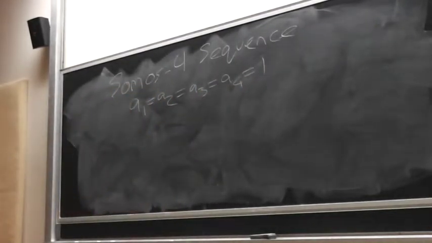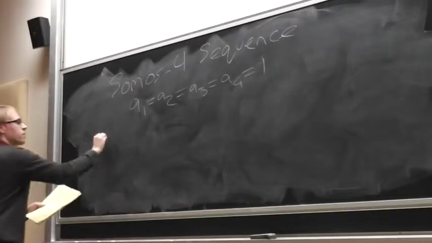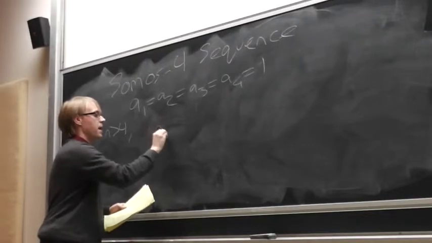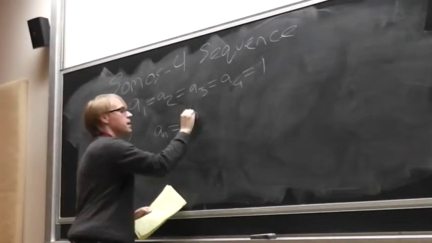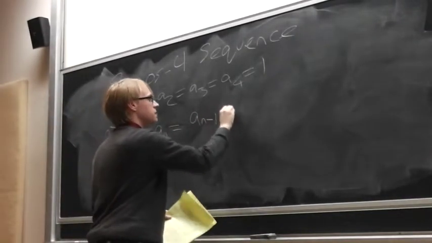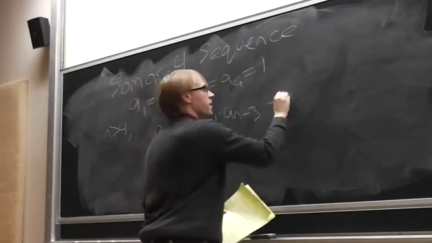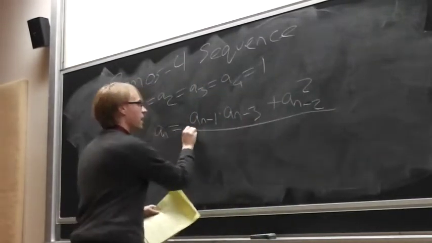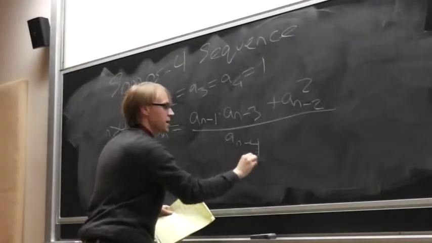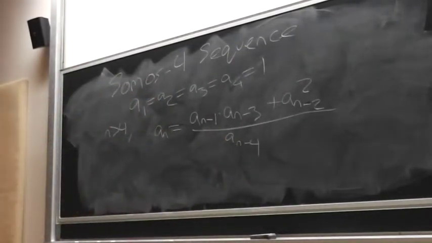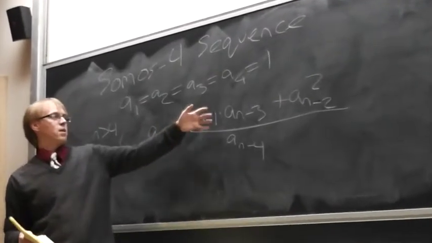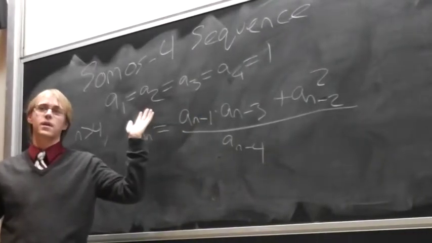And then for n bigger than 4, a sub n is a sub n minus 1 times a sub n minus 3 plus a sub n minus 2 quantity squared, and all of that we divide by a sub n minus 4. This is clearly going to give us a sequence of rational numbers.